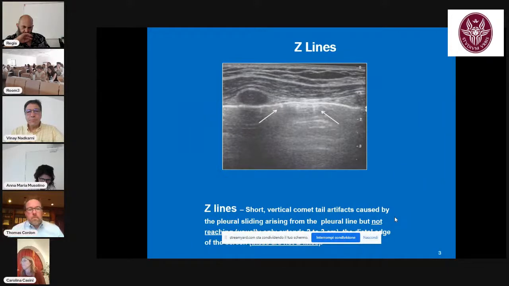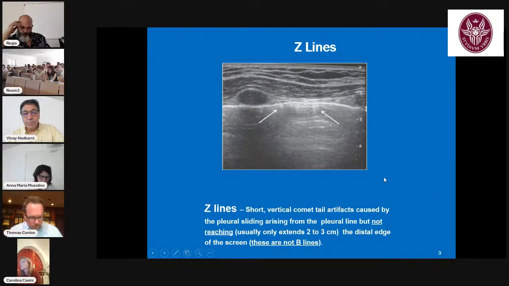Another finding we very often see are the Z lines. These are similar to B lines, but we must not confuse the B lines with the Z lines, because these are also comet tail artifacts, but they are very short compared to the B lines, and they do not reach the distal edge of the screen.